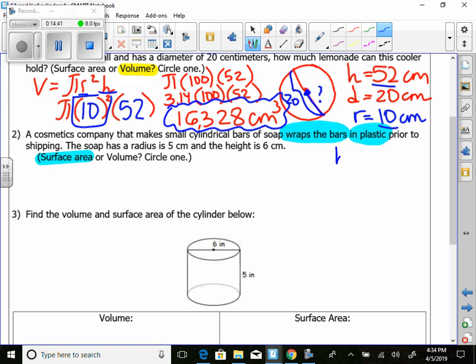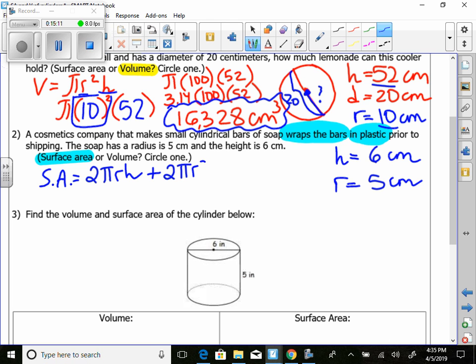Let's see what kind of dimensions they give us. So the height is 6 centimeters and the radius is 5 centimeters. Let's retrieve the formula, and the formula is surface area is 2 pi r h. So 2 times pi times radius times height plus 2 times pi times radius raised to the second power.